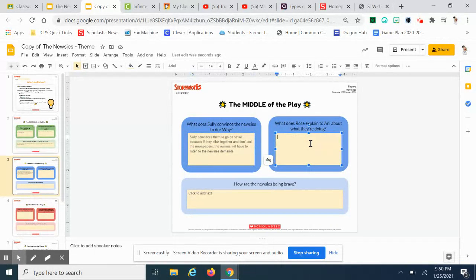So what we're going to say is Rose explains that sometimes you have to sacrifice up front to get more in the end.